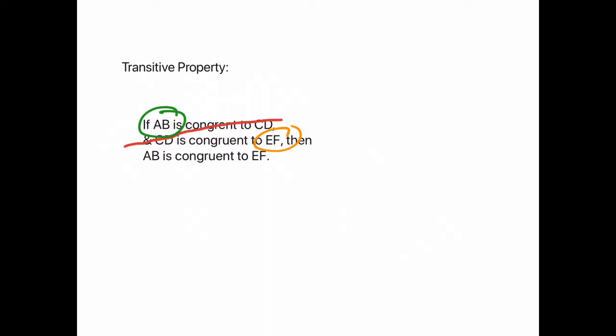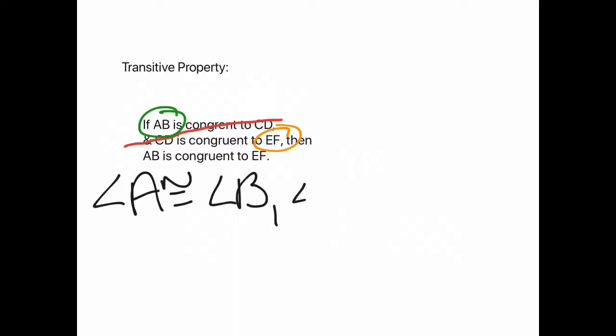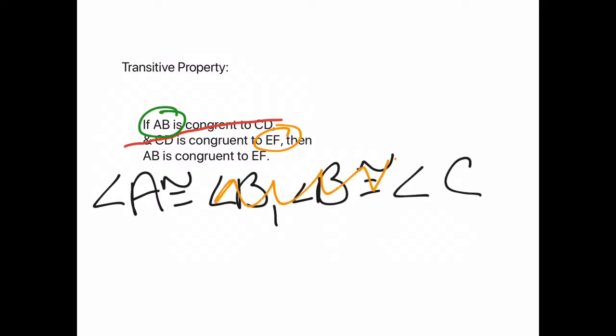And the same holds true for angles, of course. If you have angle A congruent to angle B congruent to angle C, you can cut out the middlemen here of B's and say that angle A is congruent to angle C. And that's the transitive property.